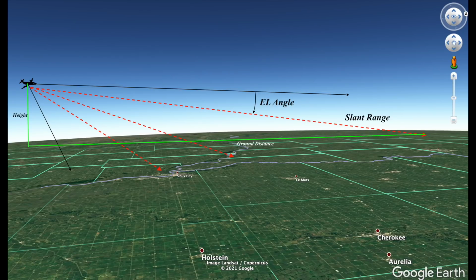So we got a slant range and an angle, right? Magnitude and angle, that's a vector. And there's a green triangle there composed with one of the red lines. And we use trigonometry to get the height and the ground distance in the coordinate frame of the image, which is why I have that vertical adjustment in angles.